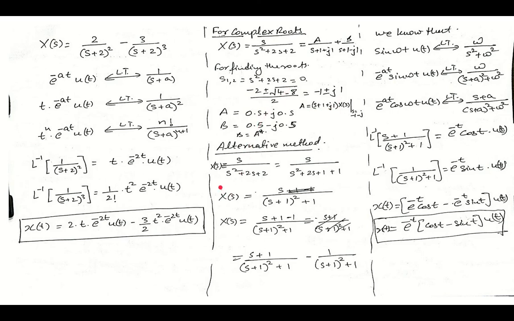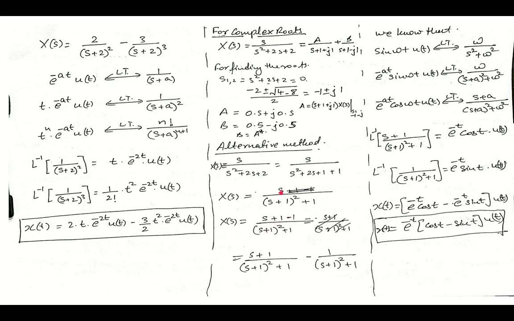According to the alternative method, what we can do is just factorize the lower half. So Xs is equal to s upon s square plus 2s plus 1 plus 1. We can write this equation in this form. This s square plus 2s plus 1 is nothing but s plus 1 whole square. And this 1, if I put a square of 1, it will also result in 1.